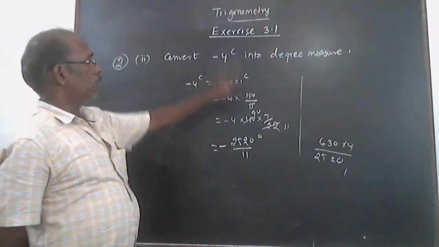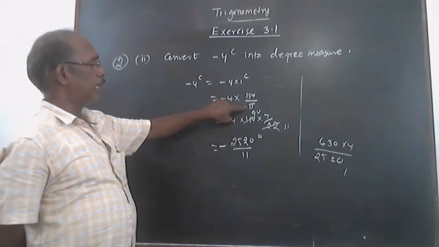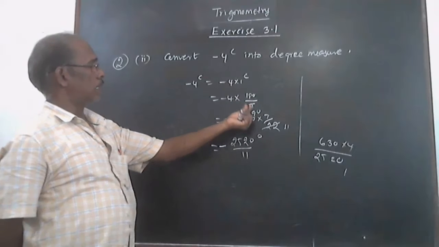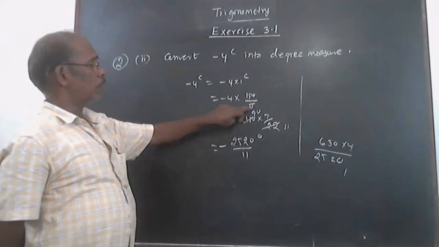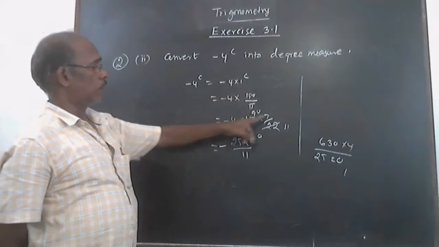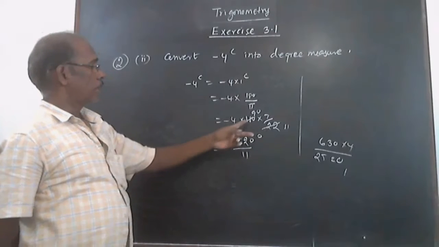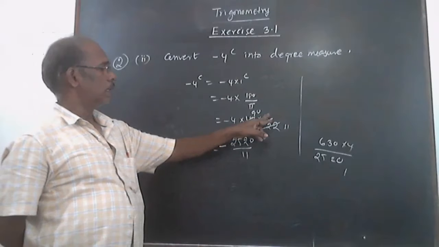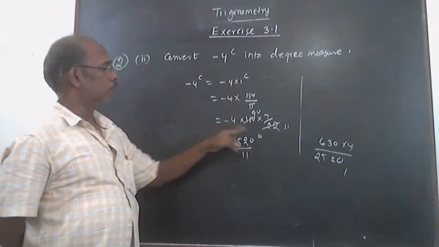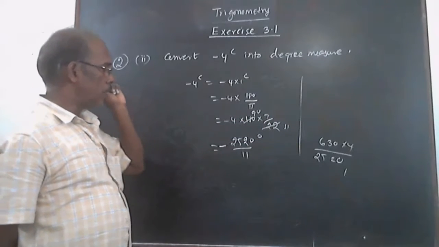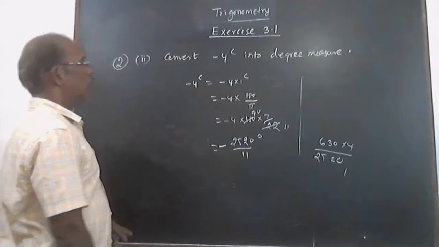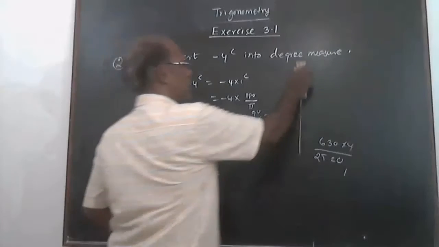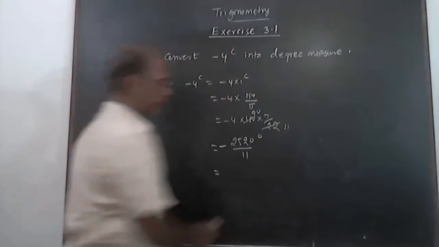Yes, 1 radian equal to 180 by pi degree, and pi approximately our nearest rational value 22 by 7. The reciprocal form 7 by 22. Between 180 and 22, 90, 11, 90 into 7, 630 into 4, 2520 by 11. Now, as usual, we can simplify.